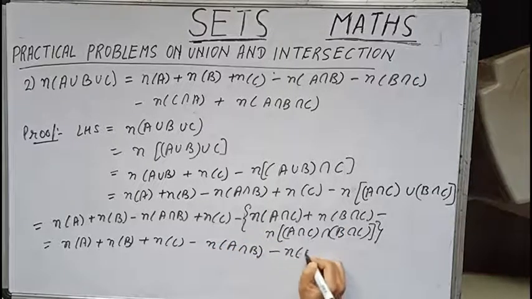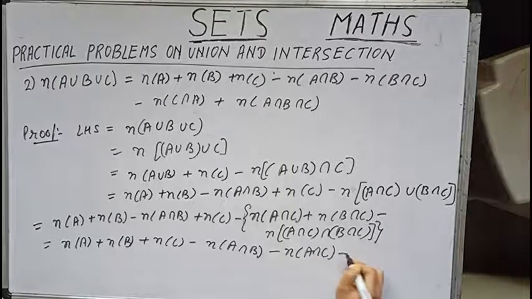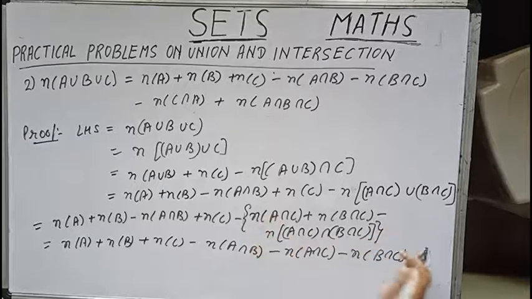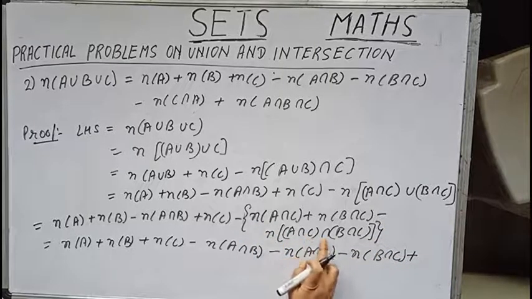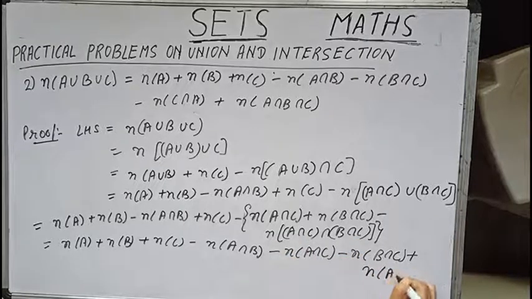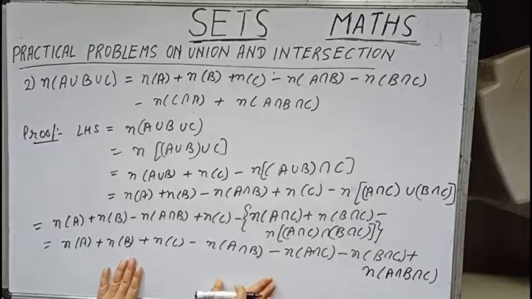So minus n of A intersection C minus n of B intersection C, and this minus minus will be plus, and this A intersection C intersection B intersection C will be equal to n of A intersection B intersection C. So we got our formula.